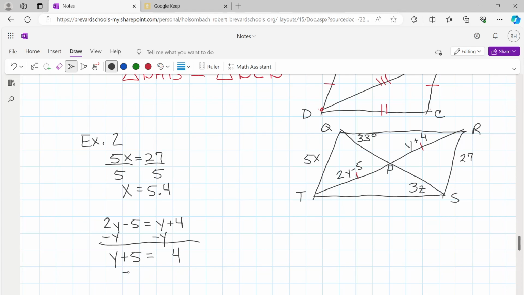And then subtract 5 from each side. Oh, I brought down a positive 5, didn't I? Apologize. So let's bring down a negative 5. So we have y minus 5 equals 4, and then we add 5 to each side. So our y is actually equal to 9.